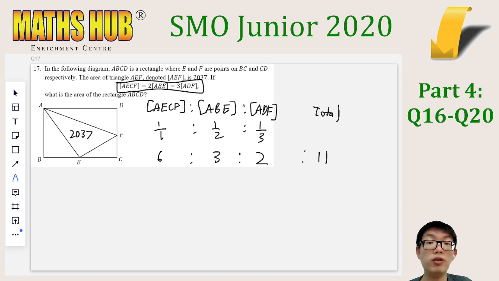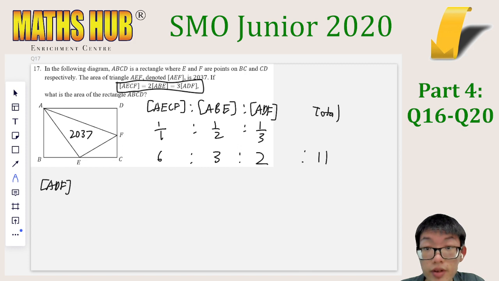Because we know what the whole rectangle area is, and a couple of these, ABE and ADF, are triangles, we can use that to determine how DF and BE actually are compared to the side lengths BC and CD. In other words, where are E and F on those sides? Now, ADF is 2 over 11 of the rectangle.